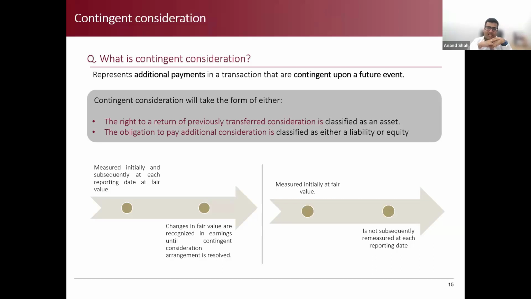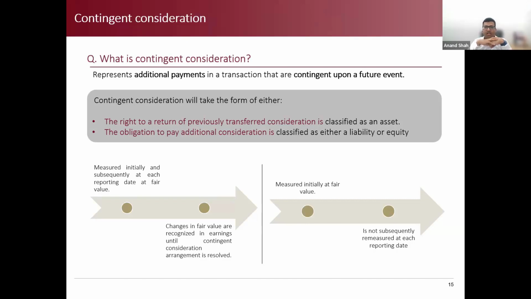There can be several examples of a future event. It can simply be the passage of time. You can say that we'll transfer around 10 crores post 6 months. In that case, it's a pretty straightforward exercise. We'll just present value the 10 crores and add it to your purchase consideration. It could also be in the form of certain milestones.